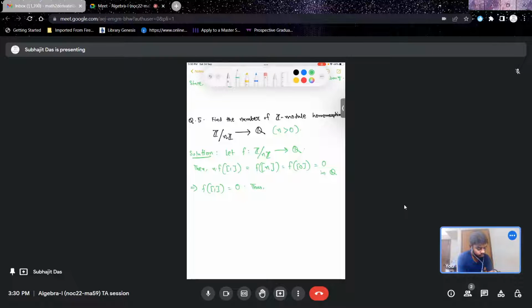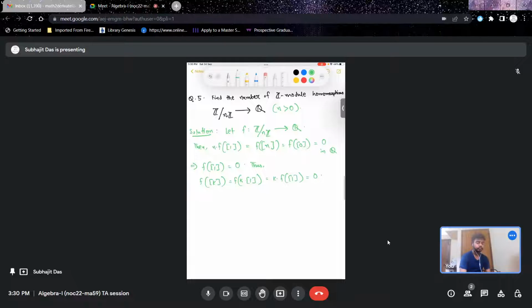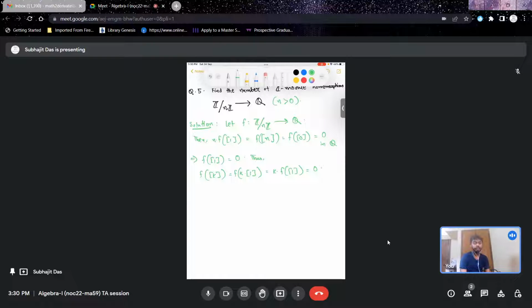Thus F of box K is F of K times box 1. This is where we are using the module structure of Z mod nZ over Z, the fact that it's generated by the class of 1. So this is K times F of box 1, which is precisely 0. So F of box K is 0 for all box K in Z mod nZ.